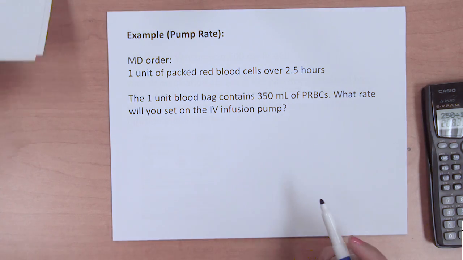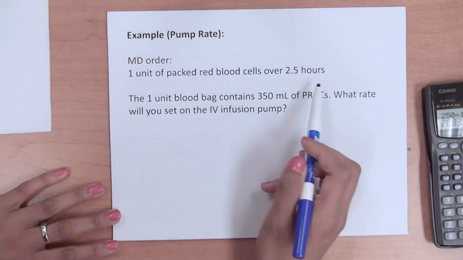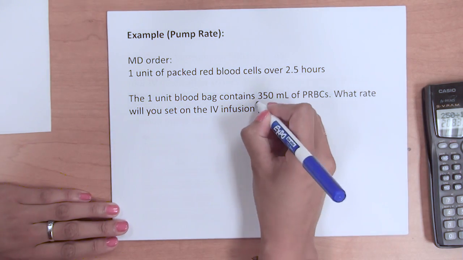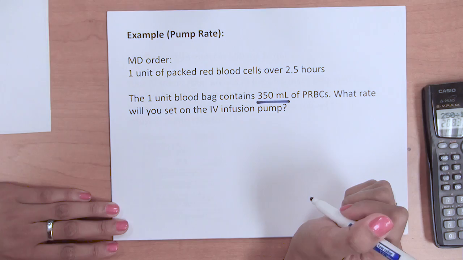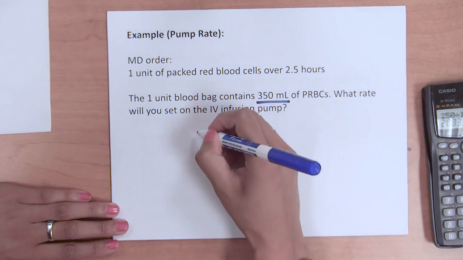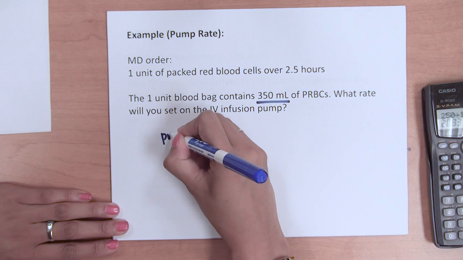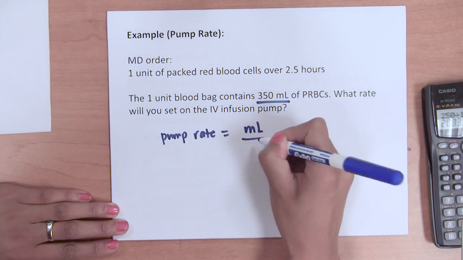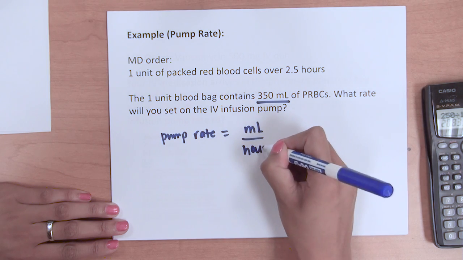First question. The doctor has ordered 1 unit of packed red blood cells over 2.5 hours. The 1 unit of blood contains 350 mils of PRBCs, which is packed red blood cells. What rate will you set on the IV pump? So let's remember our pump rate is in milliliters per hour. So volume over time.